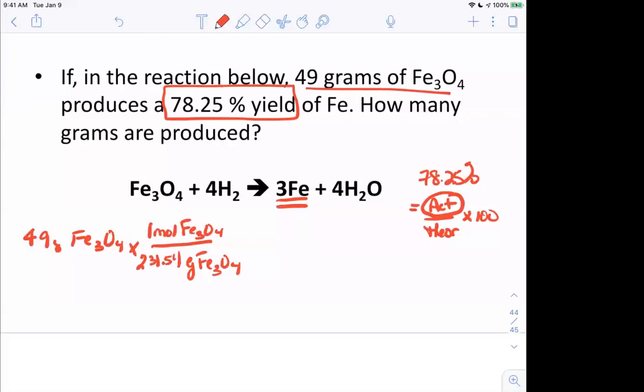This is balanced, so for every 1 mole of Fe3O4, I make 3 moles of iron.